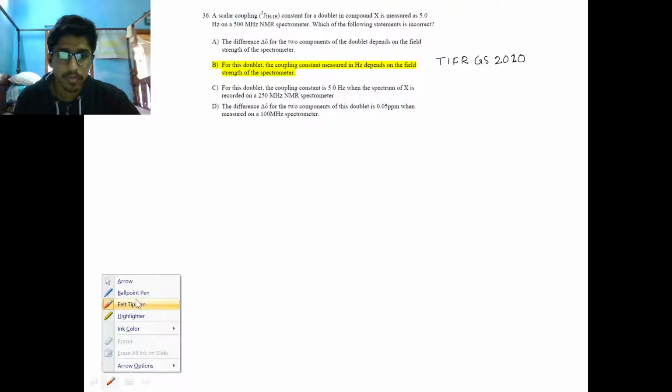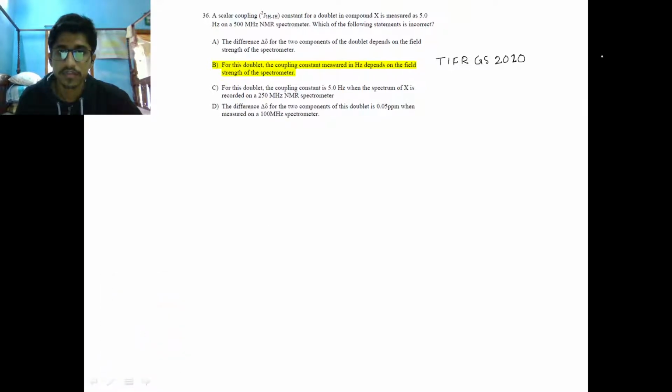Read the question properly. At first, this is the first task. Which of the following statements is incorrect? The word incorrect is the most important one. See, some basic things are required to clarify this to choose the correct option.